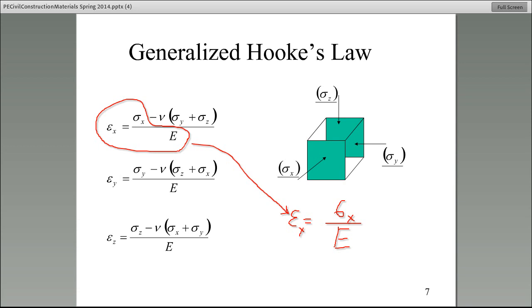In other words, that's epsilon x is equal to sigma x over E. However, as you can see, that equation also has this other segment. And the other segment is minus nu times quantity sigma y plus sigma z. I will talk about this quantity nu in just a second. However, please pay attention, sigma y and sigma z happen to be the stresses in the other 2 directions that we are not including in x.